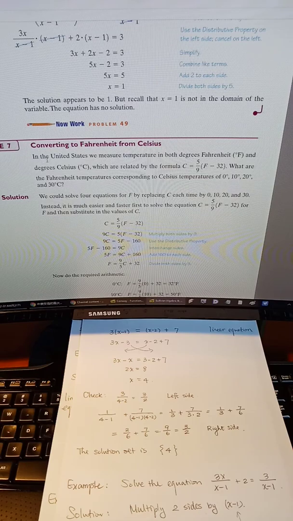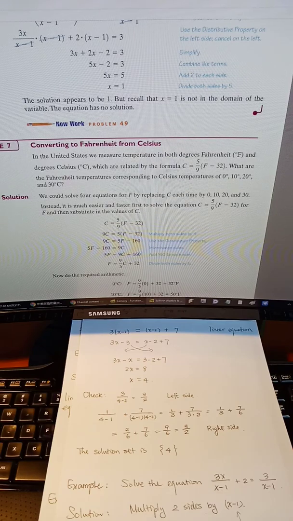In the United States, we measure temperature in both degrees Fahrenheit, with the circle F, and degrees Celsius, with the circle C, which are related by the formula C is equal to 5 over 9 times F minus 32.